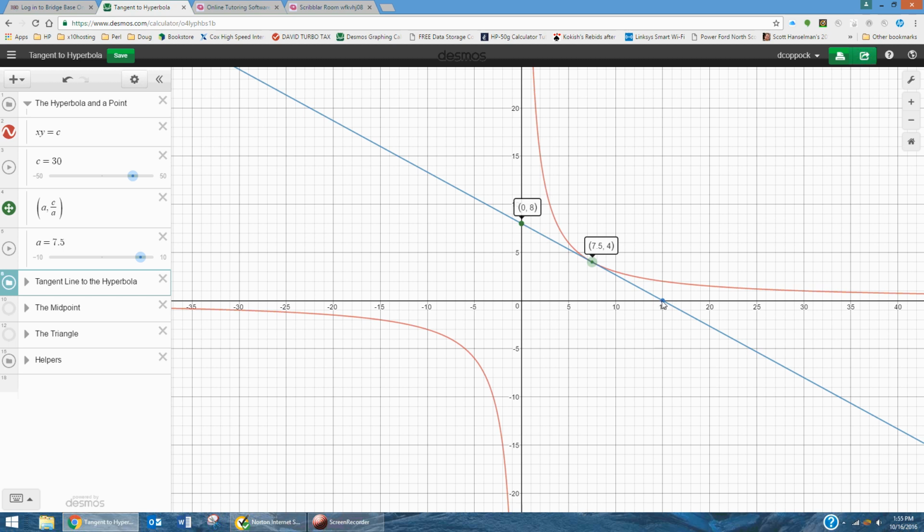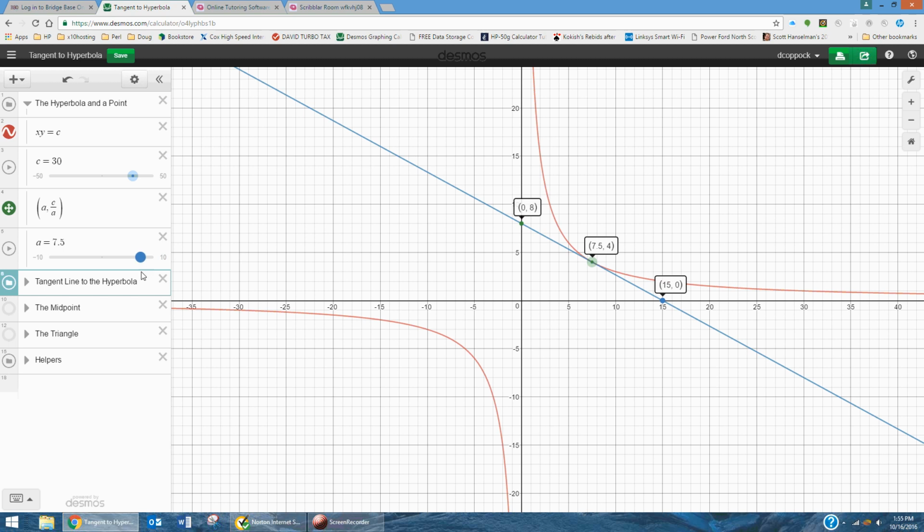So if I label this point here as (15, 0), and this is (0, 8), and I use the midpoint formula, the x-coordinate of the midpoint is the average of the x's. So 15 plus 0 divided by 2 is indeed 7.5. And 8 plus 0 divided by 2 is indeed 4.